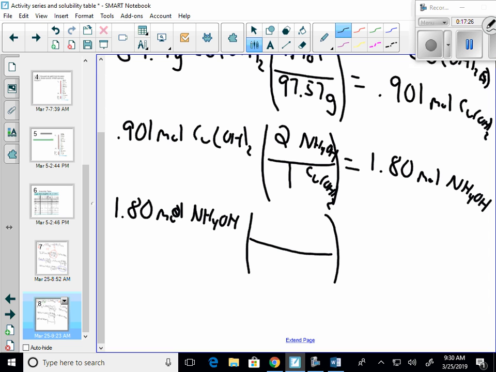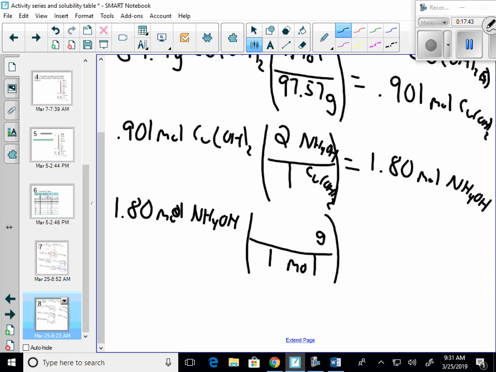Final step. I want to go from moles of ammonium hydroxide to grams of ammonium hydroxide, which means grams is on the top of my conversion, moles is on the bottom.